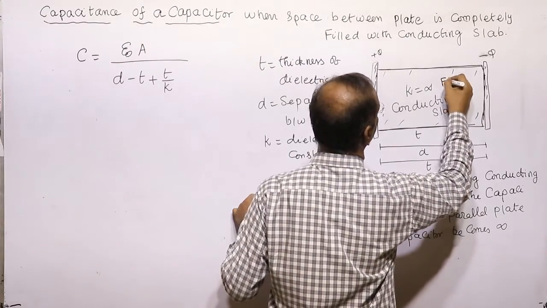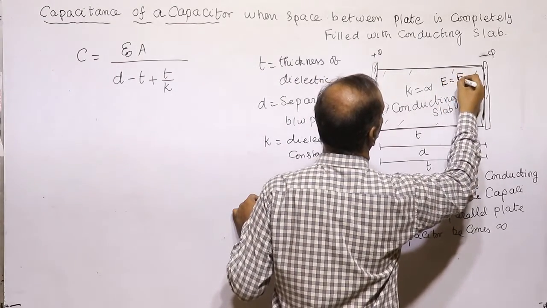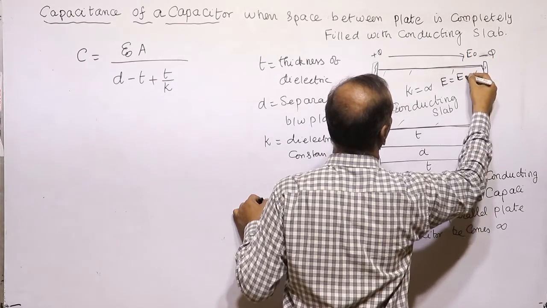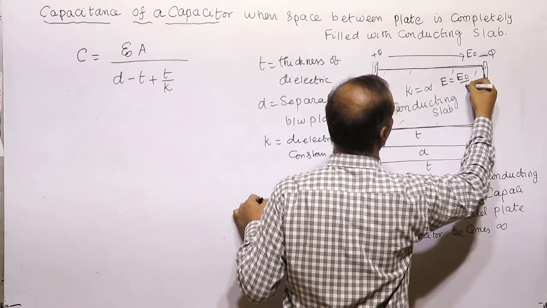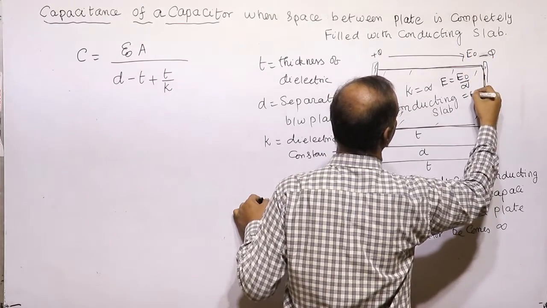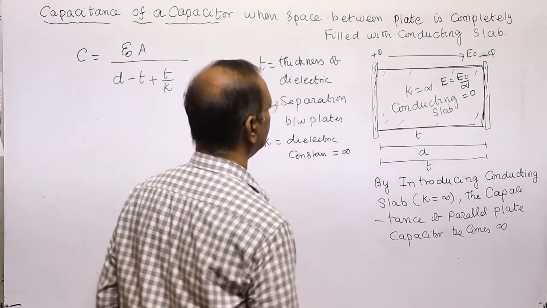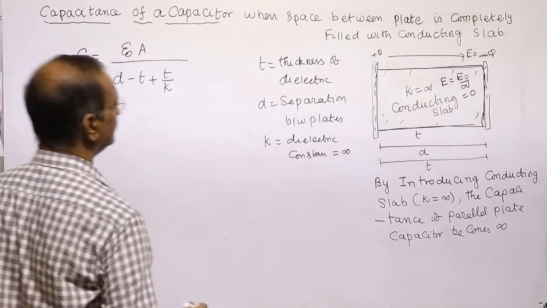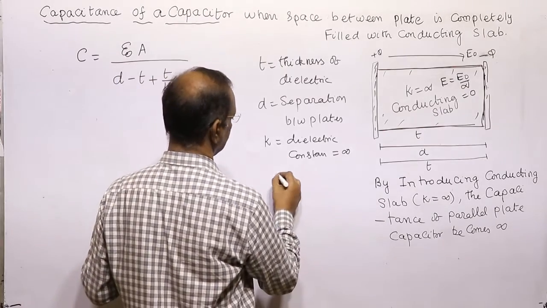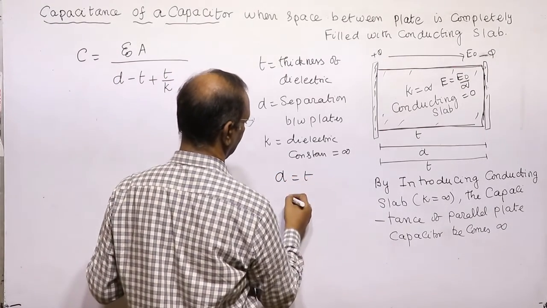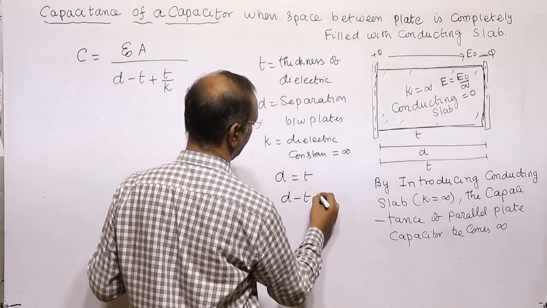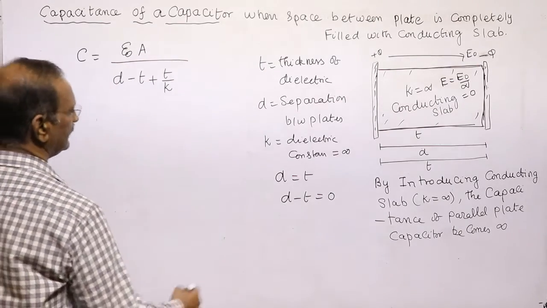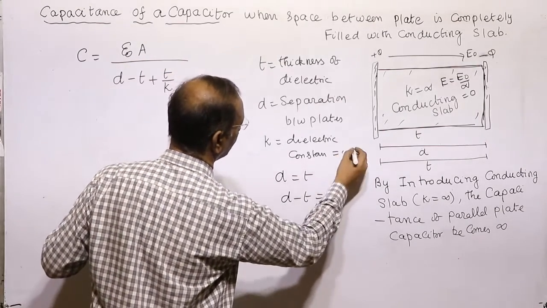The electric field inside is equal to the applied electric field divided by K, where K is infinity, which is equal to 0. Inside, the electric field is equal to 0. Now, since D is equal to T, D minus T is equal to 0 and K is equal to infinity.